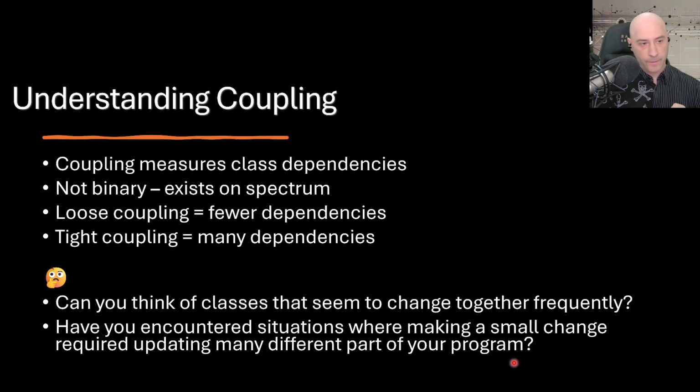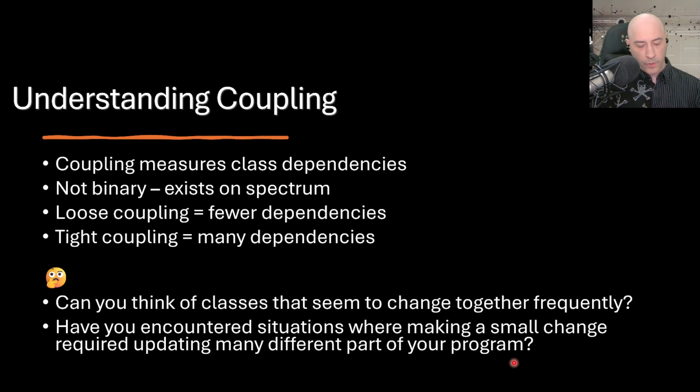Too much coupling can make the system rigid and hard to change. Every change to one class requires changes to many other classes. Maintenance becomes difficult and risky, actually. But too little coupling, too loose, can also be problematic, making it harder for classes to communicate effectively.